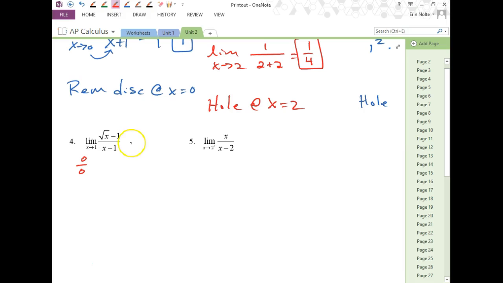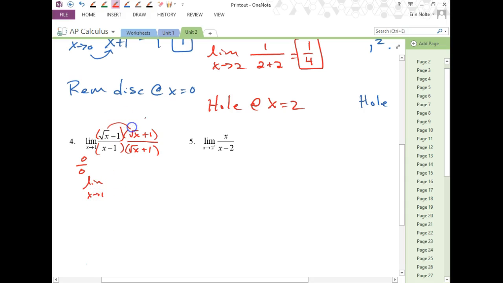Very good. Okay, so I'm going to multiply by the square root of x plus 1 on the top and on the bottom. Remember, I'm not changing the value of this function. Okay, so when I FOIL on the top, what's the square root of x times x?